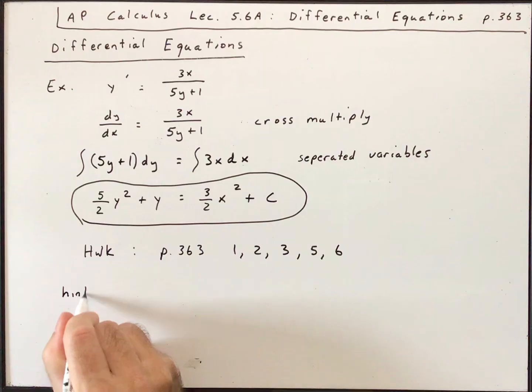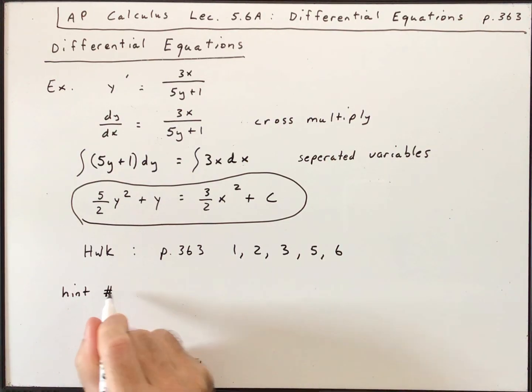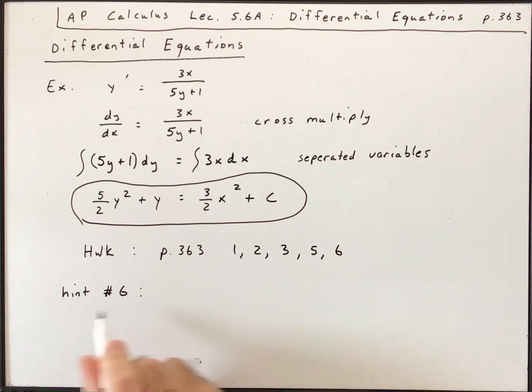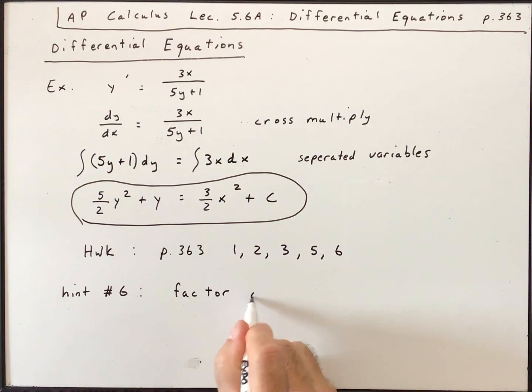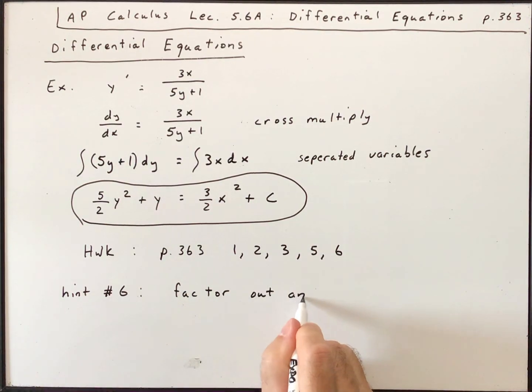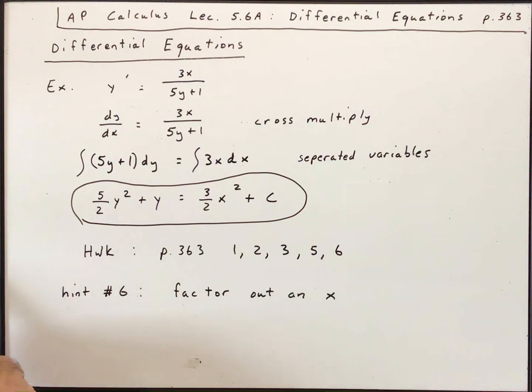A hint for number 6 is that somewhere along the way you're going to need to factor out an x. So factor out an x, and then you can separate the variables. See if you can get that, and I will talk to you on the next one.